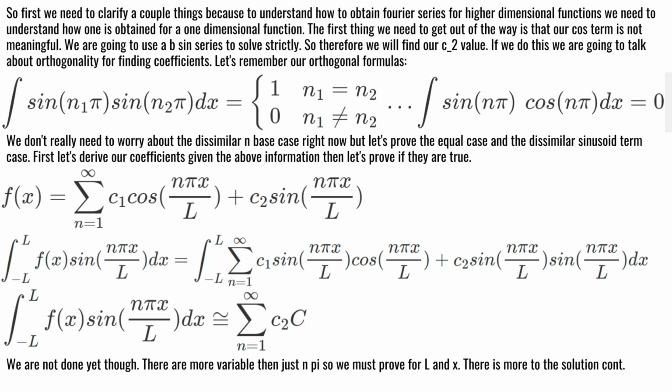So because the function of x is equal to these things, when we integrate from negative L to L, and multiply the function of x by sine n pi x over L on one side, then on the other side, what's actually happening is we're integrating and multiplying these sinusoid terms, and if we multiply by sine, you'll notice the cosine term will be 0, so the c sub 1 coefficient will go away, even if the c sub 1 coefficient isn't necessarily 0 in the problem, but for the particular coefficient we're trying to find, c sub 1 will go away.